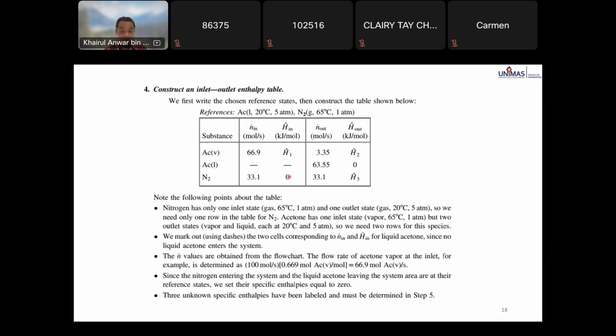Since it's inlet, then we can say that the H inlet for nitrogen is 0. How about the acetone? For this example, the author chooses the outlet stream for the calculation. That's why you see here acetone liquid is 0.